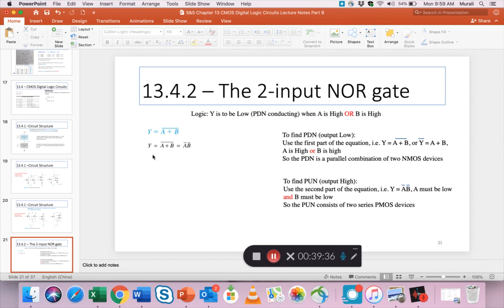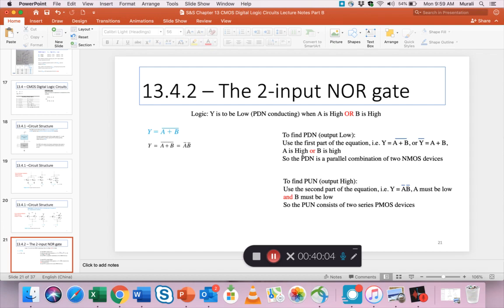That is Y equals (A plus B) bar, or Y bar equals A plus B. Remember, this side has to be without complements. Then we say, we know A is high or B is high. So the PDN is a parallel combination of two NMOS devices, right? We can conclude that because we know OR means parallel.